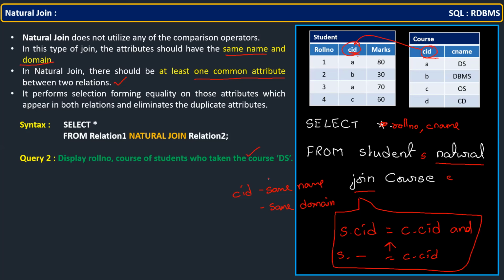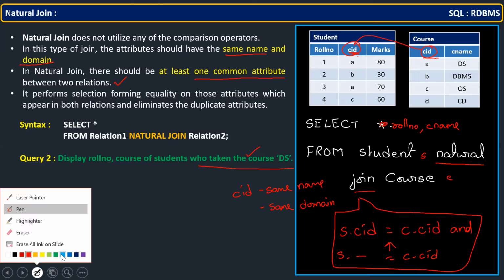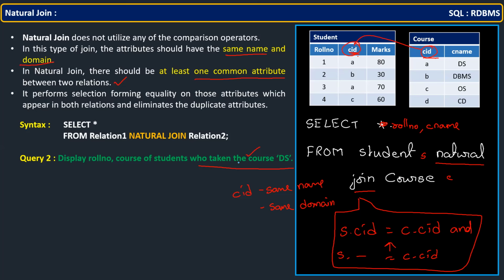And one more condition is there. Who has taken the course DS? For this you must write a condition. If you need all the students' roll numbers and course names, this is enough. But for this part, you must add a where clause, and in the where clause, C name equal to DS.